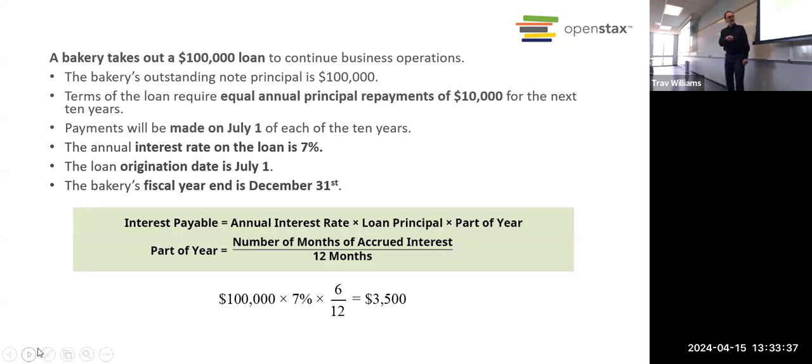And we have to divide that by 12 because there are 12 months in a year, and that's an annual interest rate. And so that tells us our interest expense for this year was $3,500. So that's how you would apply that formula that we learned. Any questions?